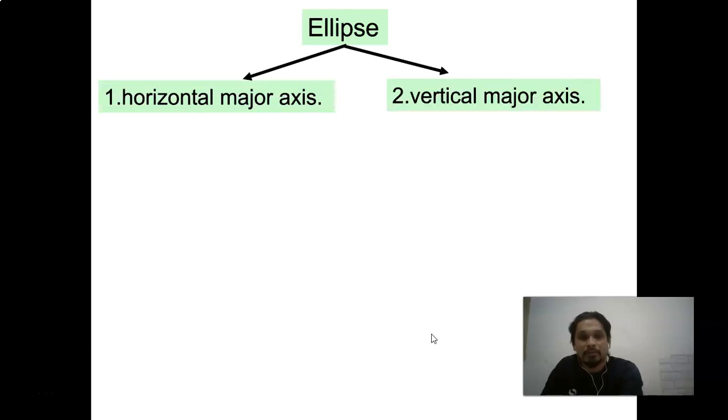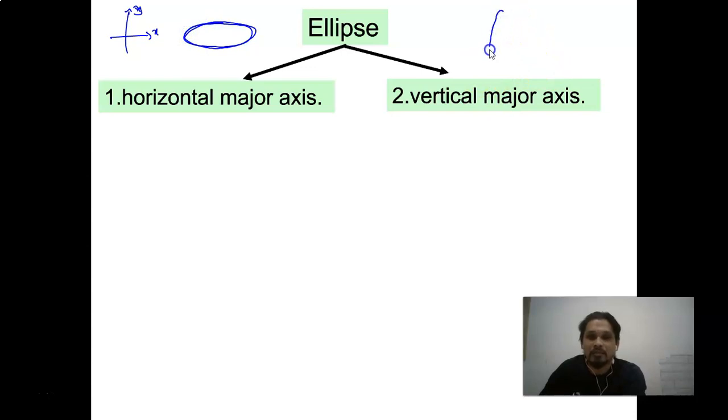So how do we call them? There are two types of ellipse: with a horizontal major axis and with a vertical major axis. As we know, we have y and also x. So horizontal means the ellipse looks something like this, and a vertical major axis is something like this.